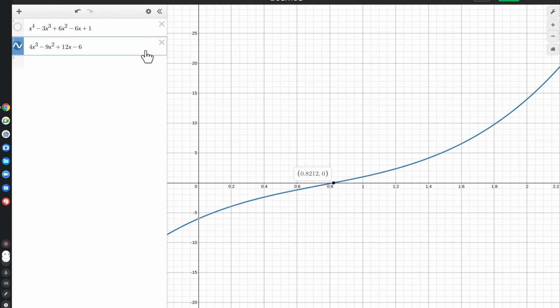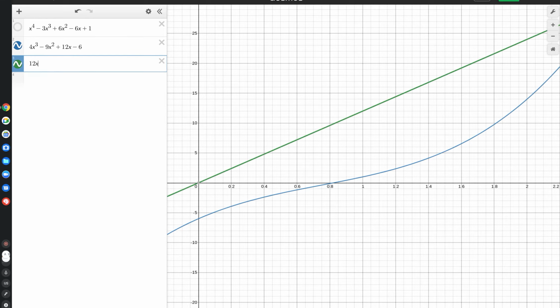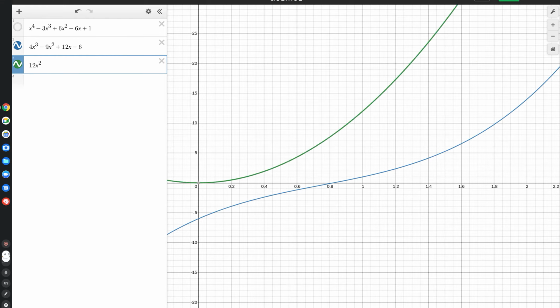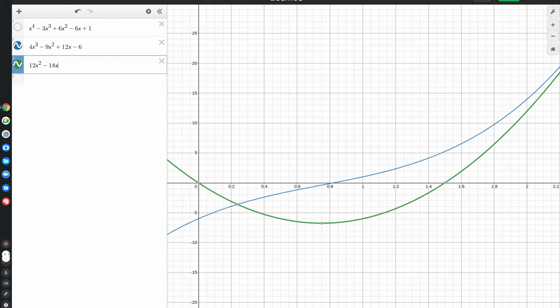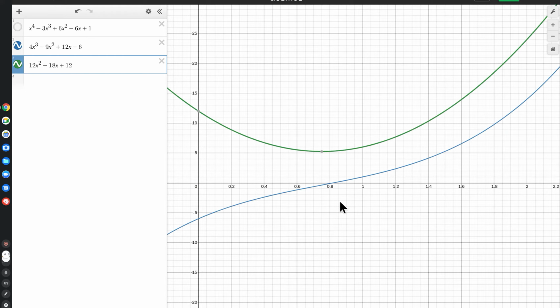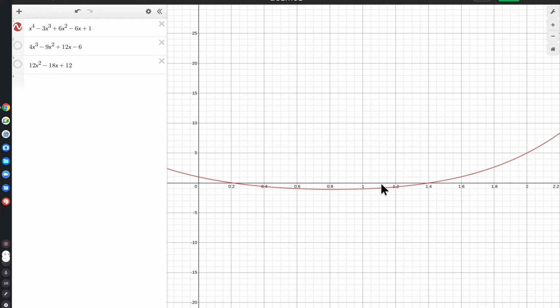Well, we would take the derivative of this function, or the second derivative of the original function. Let's do that: 12x squared minus 18x plus 12. So now you see at this point, the second derivative is positive, meaning our function is concave up at that point, meaning the point we just solved for is a minimum.